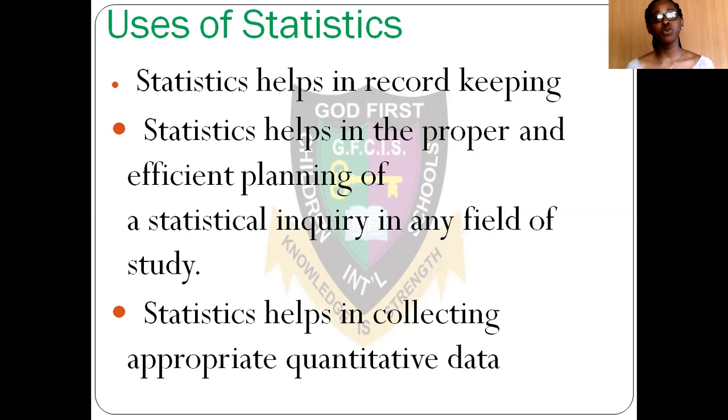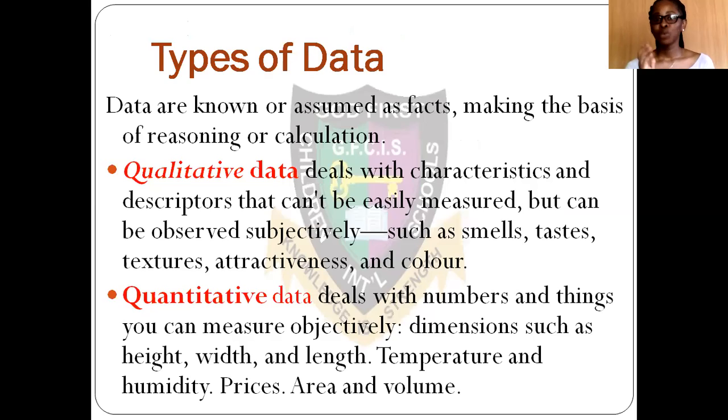As we move forward, you will know the different types of data and what quantitative data means. So we'll move ahead. We have the types of data. Like I said earlier, data are known or assumed as facts, raw information, basic information, important information that is true.